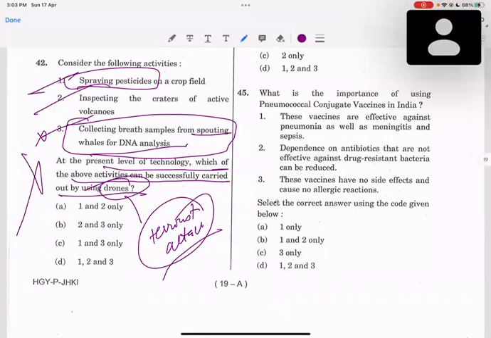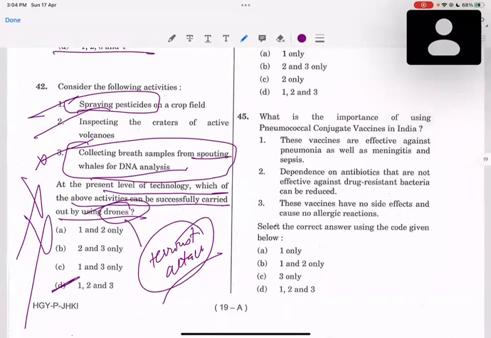But for your knowledge's sake, yes, drones are also being used to collect samples from whales. All right. So the answer is D, but yes, such questions could have been left. No need to run after that, and no need to stress yourself or say that you don't know this option. No, even I wouldn't have been able to attempt this question while giving the exam. So it's normal. All right.